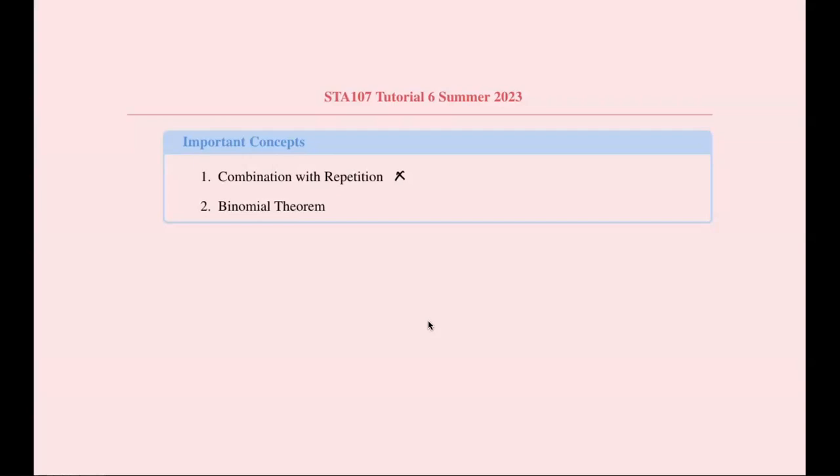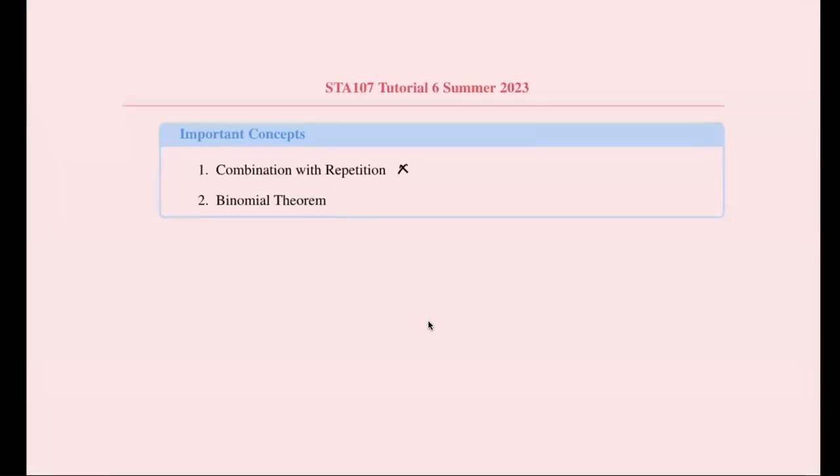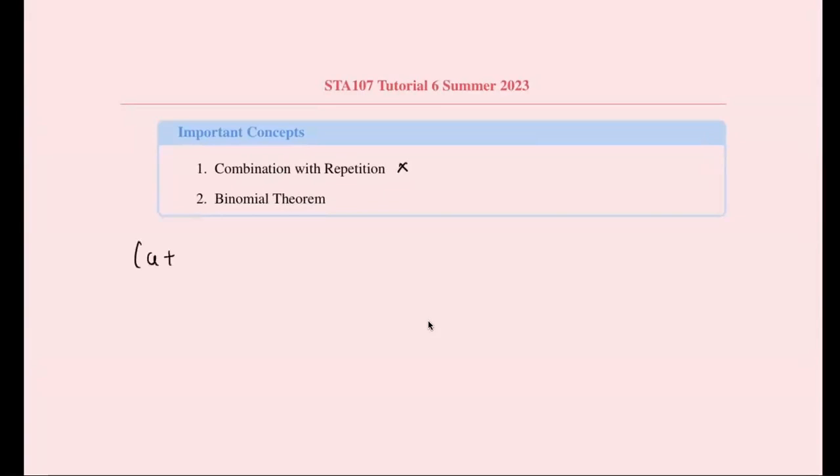The next one is the binomial theorem. The only thing you need to remember is that (a + b) to the power of n can be written as a summation where you have n choose k, a to the power of k, b to the power of n minus k. Your k can range from 0 up to n.